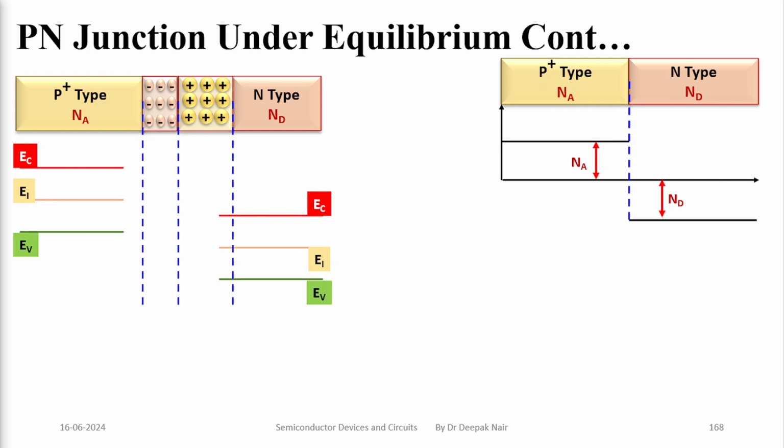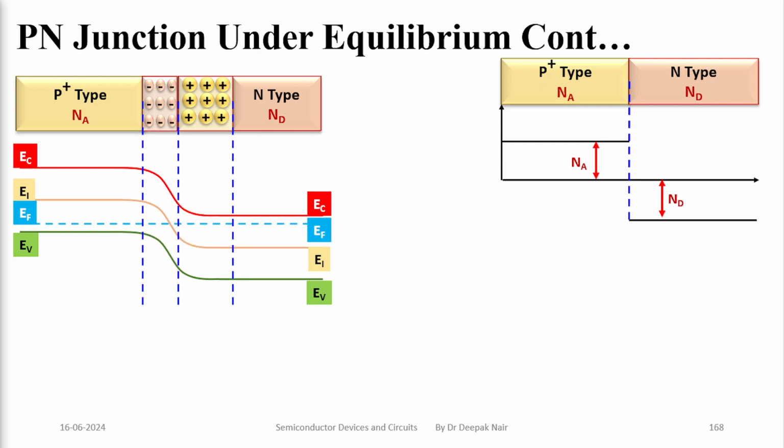Now there is one very interesting fact to remember: the energy in EC of the P-type is higher compared to the energy in EC of the N-type, and the energy is gradually shifting near the junction. So near the junction, we have a gradient for the energy levels, which is the same for EI and EV.